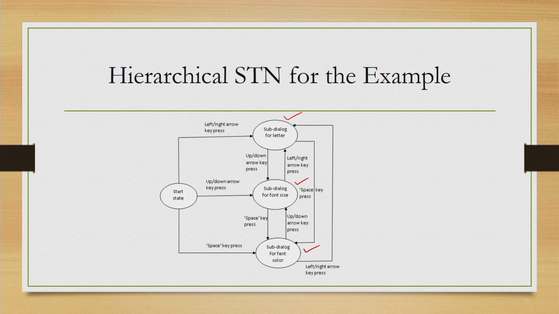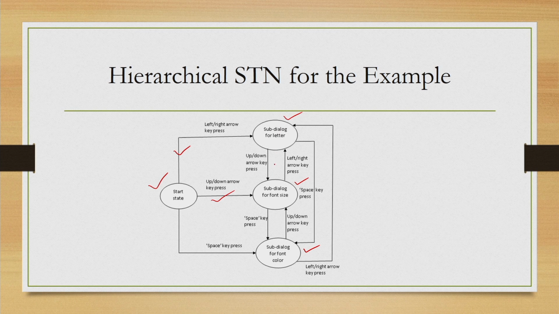Between these models we have connections. So, let us have a start state. From the start state, if we press the up or down arrow key, then we go to the sub-dialog for font size. If we press the left or right arrow key, then we go to the sub-dialog for letter.